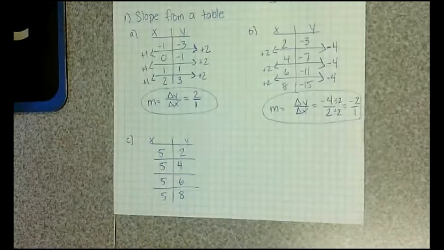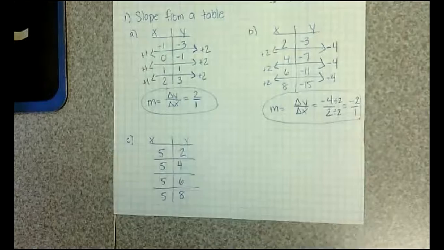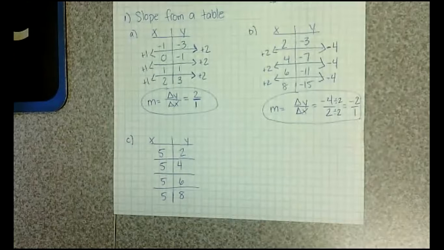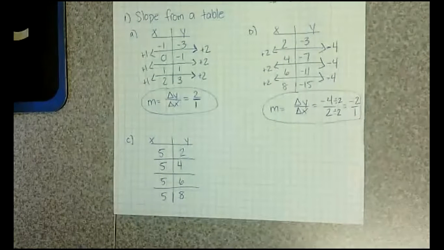Type your answer into the Zoom chat for me. I'm not going to necessarily say right or wrong. I'm going to see what you guys come up with, and then we're going to talk about it.